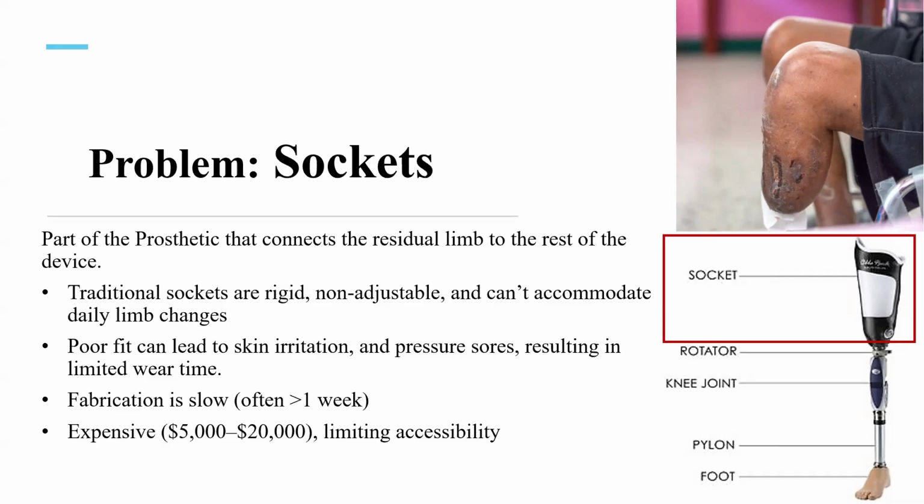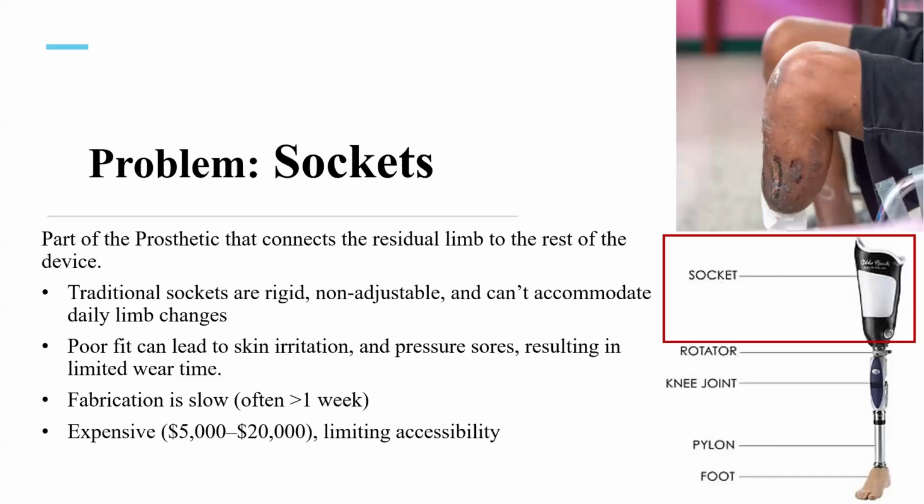And poor fit can lead to skin irritation, can cause pressure sores, and can result in limited wearing time, and that ultimately causes a lack of independence for the patient, inactivity, and simply a decrease in quality of life.